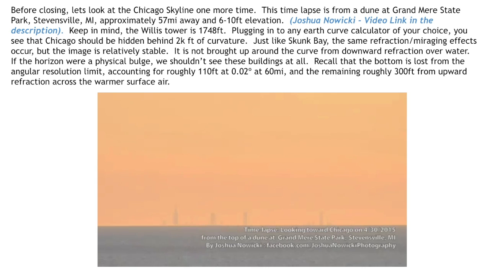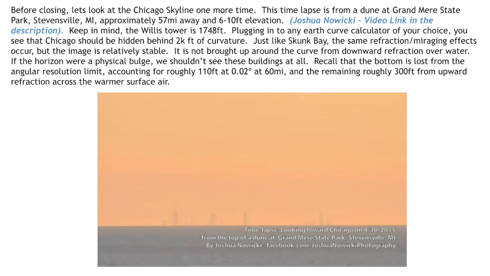If you plug it into any Earth curve calculator of your choice, all the buildings of Chicago should be hidden behind 2,000 feet worth of physical curvature. You should not be able to see them. Just like the SkunkBay footage, the same refraction and miraging effects occur, but again, the image is relatively stable, as if you were just seeing it through wavy water.